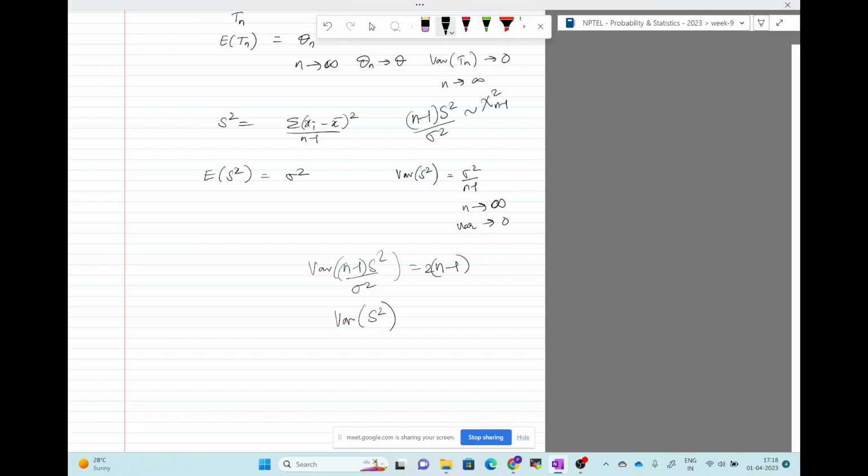Can we take n minus 1 to the denominator of sigma square, like s square by sigma square by n minus 1? Sorry, I didn't get you. Can we take n minus 1 to the denominator of sigma square, like this? Yeah.